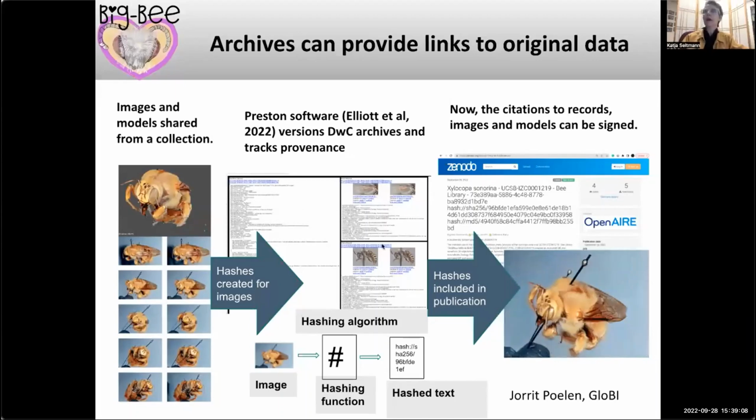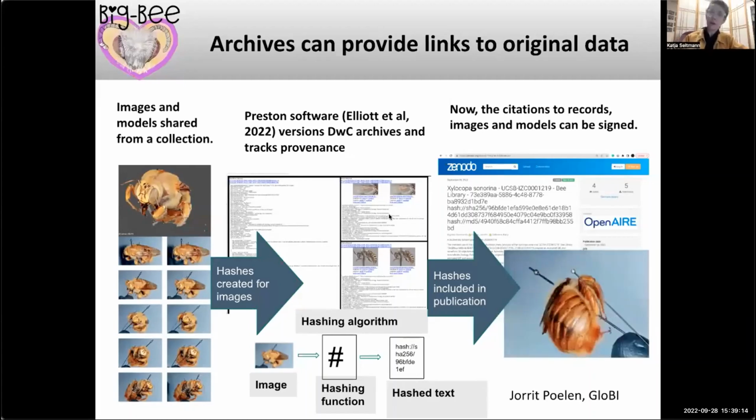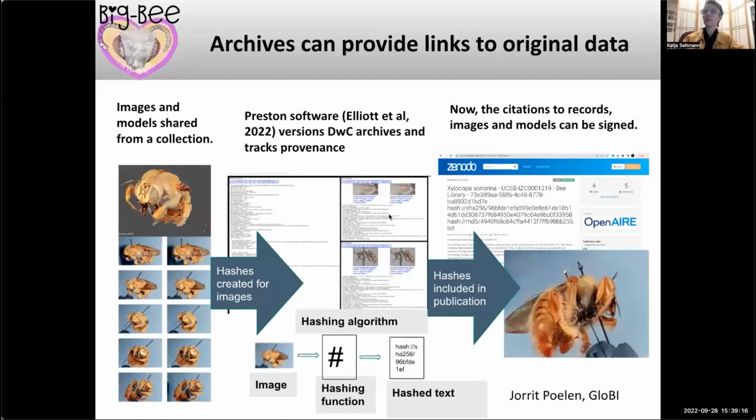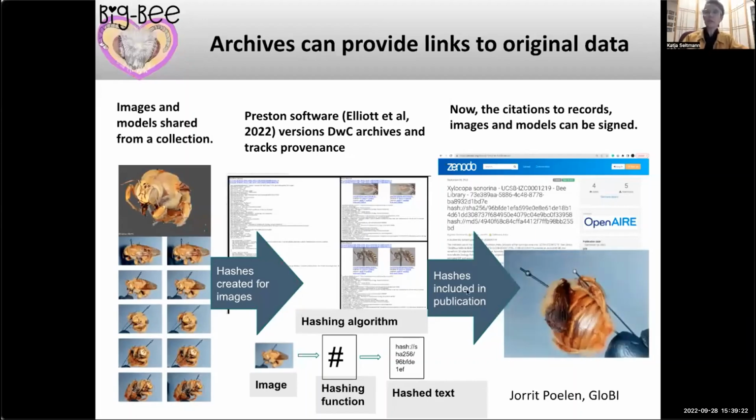The hashes are generated using Preston software, and provenance tracking can also be performed using Preston. It then generates a data set that contains not only a DOI that can link back to the specimens, but also these hashes. And this is work I've been doing with George Poland from Global Biotic Interactions.